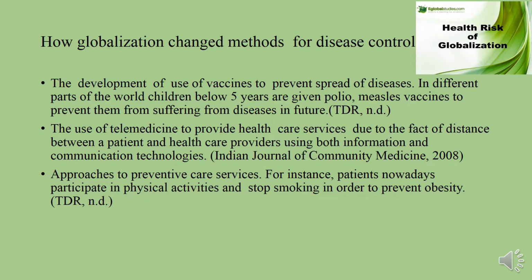And then I will talk about how globalization changed methods for disease control. The development and use of vaccines to prevent the spread of diseases is one of the methods. In different parts of the world, children below 5 years are given polio or measles vaccines to prevent them from suffering from the diseases in the future.